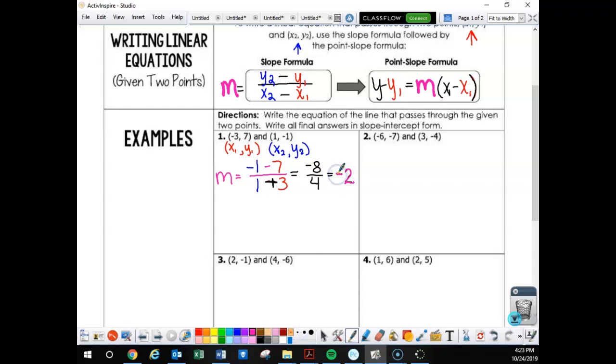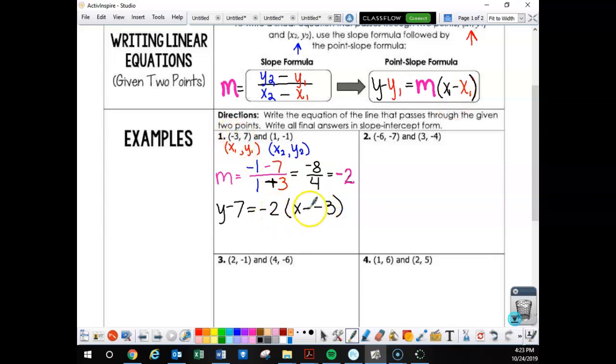Then you have to plug your slope and one of your points into your point-slope formula. Normally, to make things a lot easier, just plug in this first point, but if you need to, you can plug in the other one. Whatever you prefer. So I have y minus y1, and y1 is 7, equals my slope, negative 2, times the quantity x minus x1, which is negative 3.